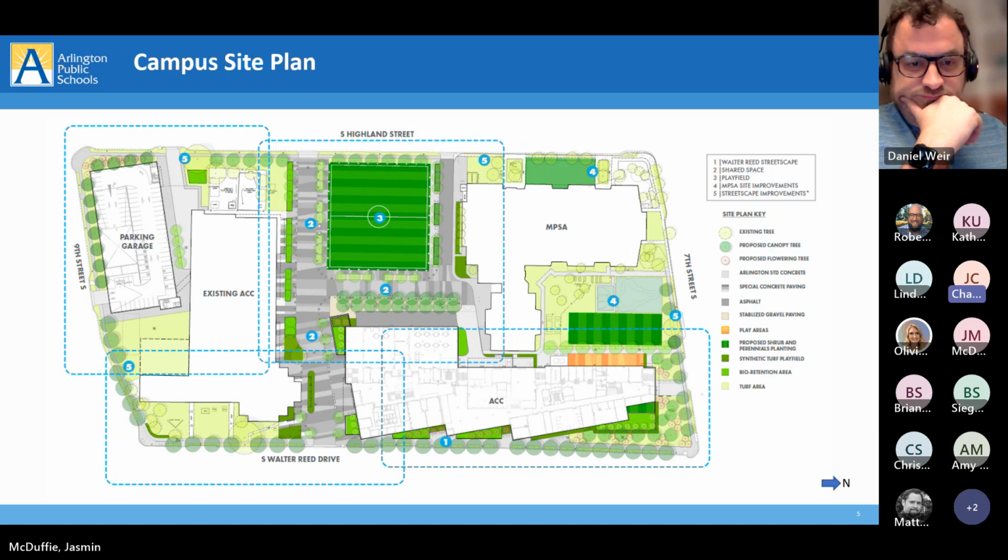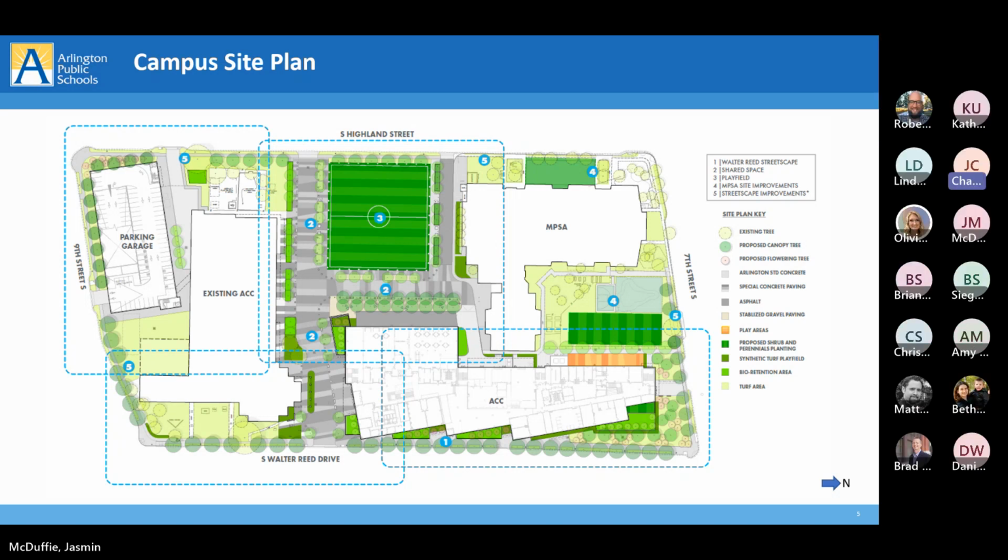Yes, as far as the perviousness, we had looked at pervious pavement. It was cost prohibitive, but we are actually running the hard surfaces into the biobasins that were pointed out. So the site, for the most part, slopes from MPSA towards the existing career center. So you notice we have the basins along the existing career center to catch that surface water. And then we have similar basins in front of the existing MPSA building to catch that water.